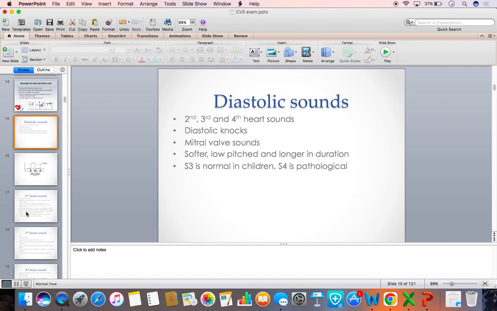Second heart sound, third heart sound, diastolic knocks, and the mitral valve sound, which we can call the opening snap. The diastolic sounds are softer, low-pitched, and longer in duration.